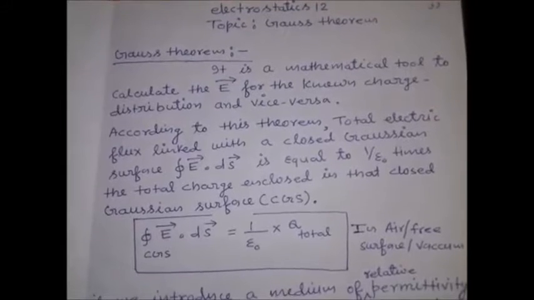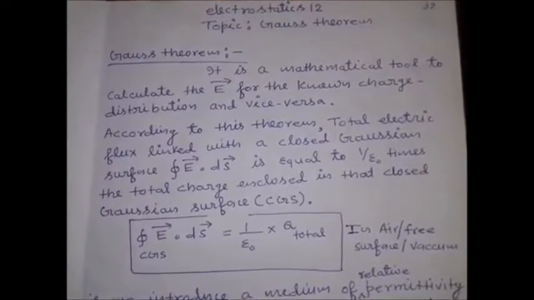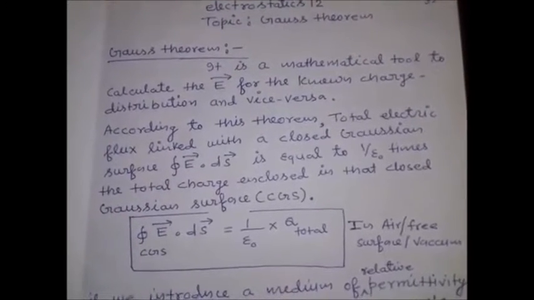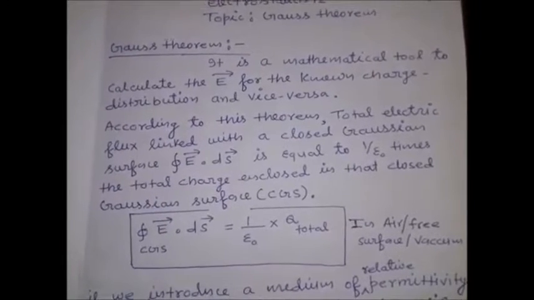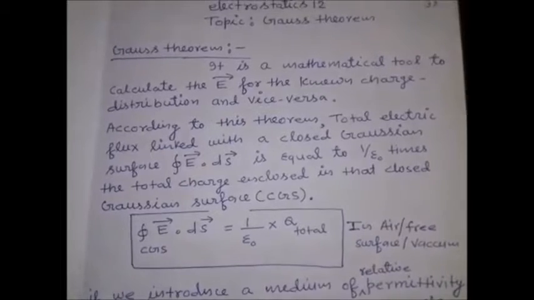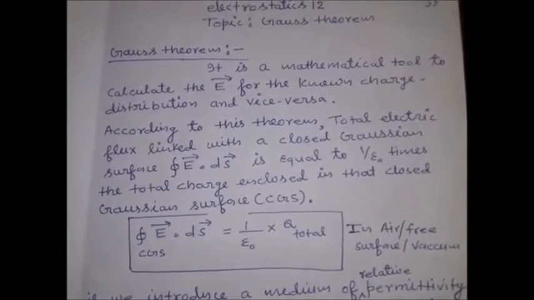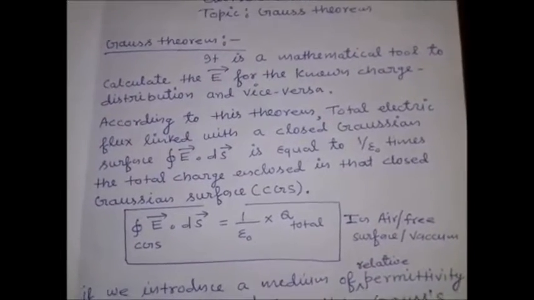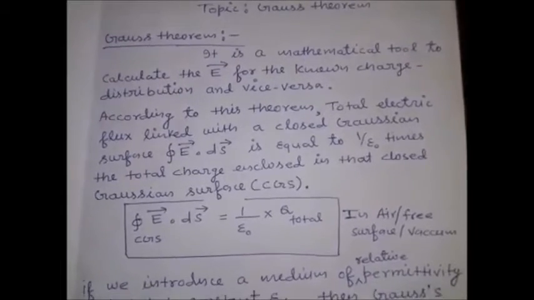Okay, and if you know the value of electric field intensity in space at some region, you can also calculate the source charge distribution of this electric field with the help of this Gauss theorem.